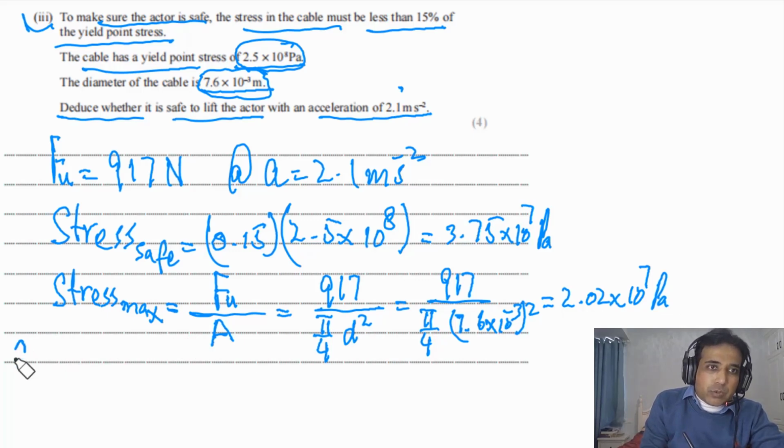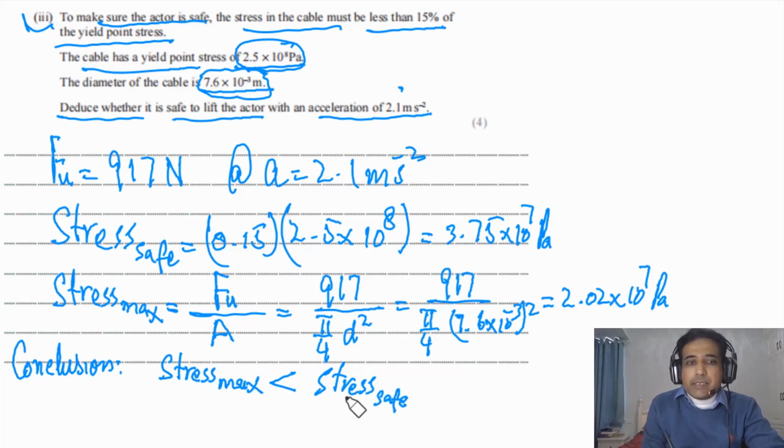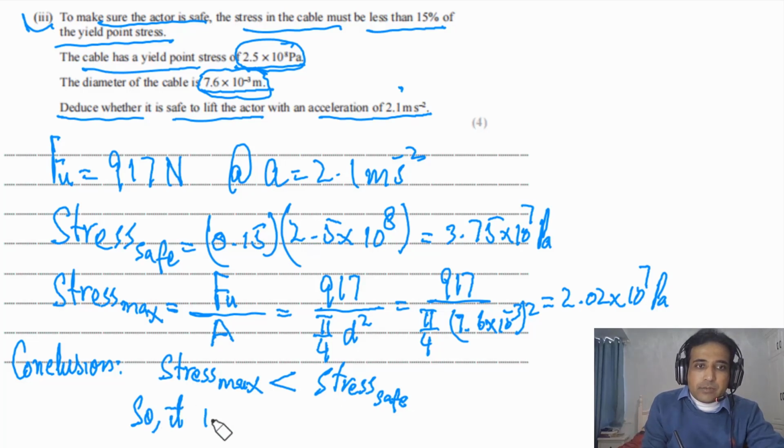Now simply we need to conclude. So we can write down our conclusion. We can simply say as stress max, this value is less than this, so it's less than stress safe, the safe value of stress. So it means that this much stress is safe.